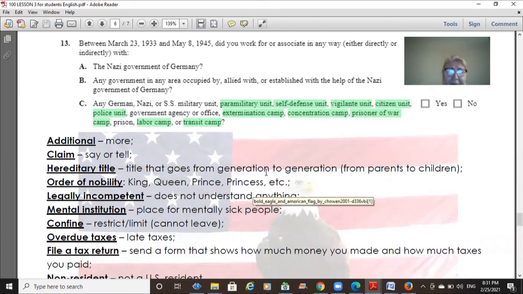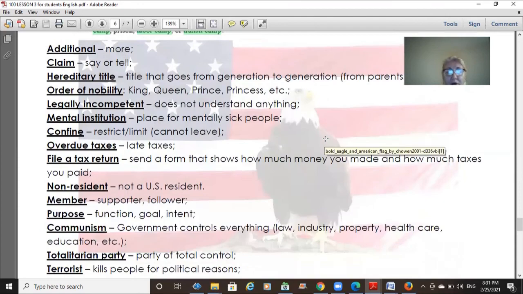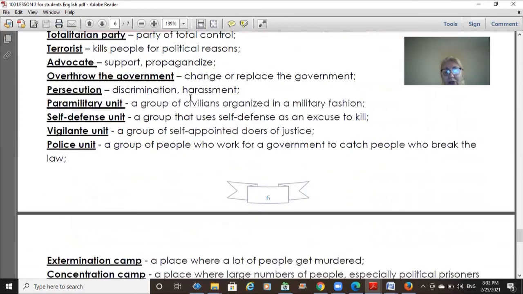But again, question number 13 applies only to people who were born before this date, March 23rd, 1933, or May 8th, 1945, or who lived before or during this period of time. So please look at the explanations of the green words, green phrases. There are a lot of them I provided in here.